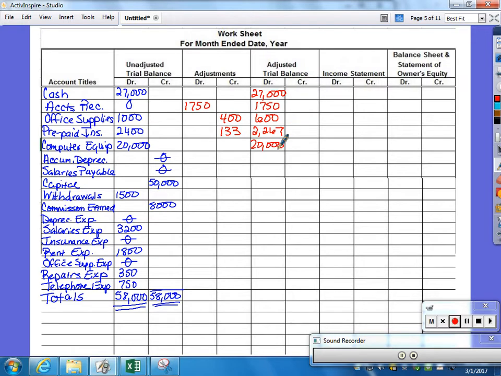What about accumulated depreciation? Yes. Increase or decrease? Increase. How much? 500. So we're going to put 500 here and also bring it over here.